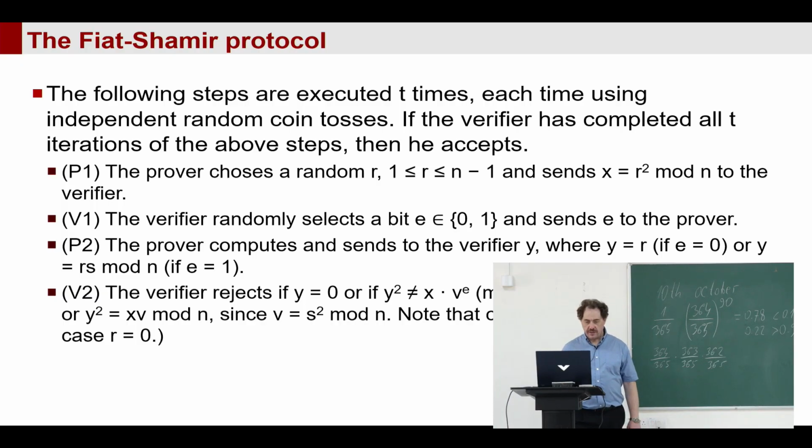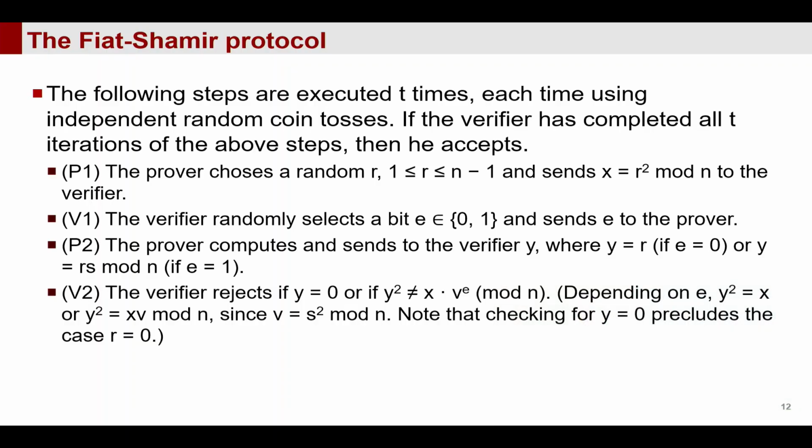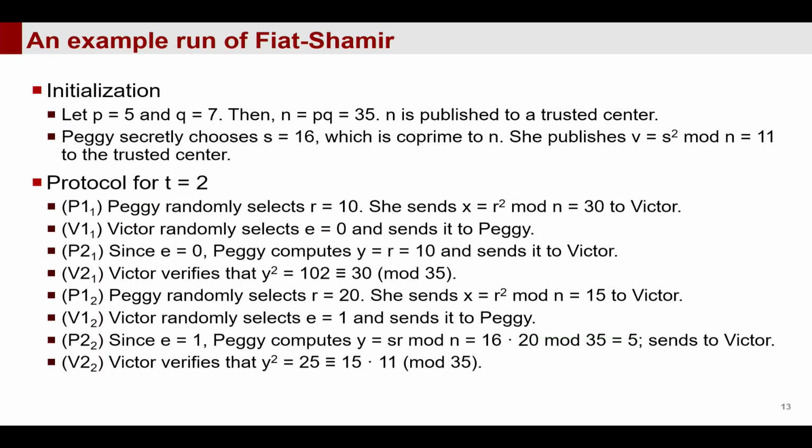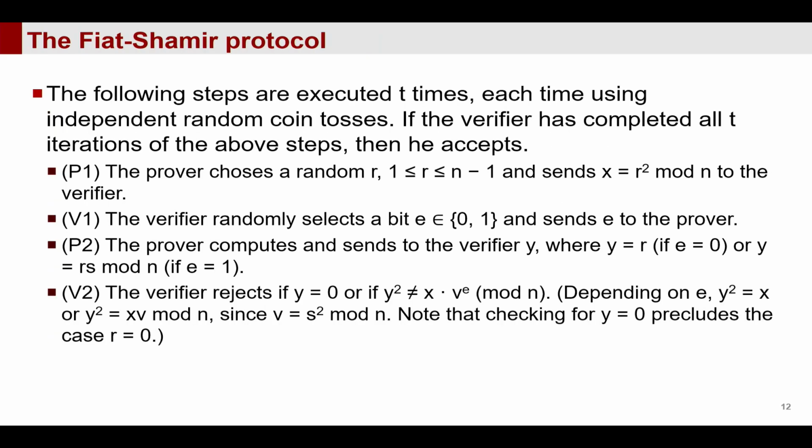Then the verifier checks the following. If y is equal to 0, or if y squared is not equal to x times v to the e modulo n, then the verifier rejects. Otherwise, the verifier accepts, and we go to the next iteration.